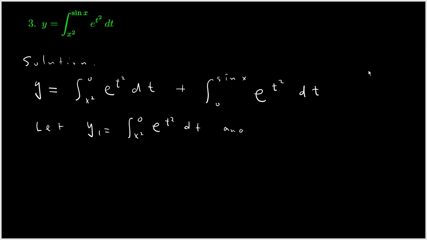And I'm going to use y2 to denote the second integral, which is also a function of x. It's defined from 0 to sine of x. The integrand is the same, e to the power of t squared and then dt.